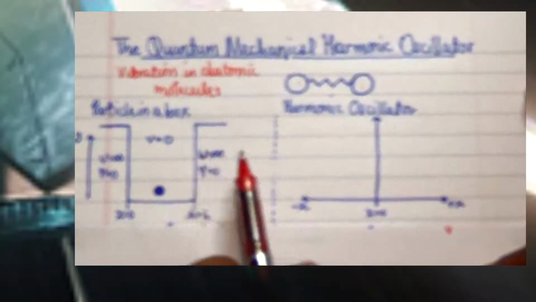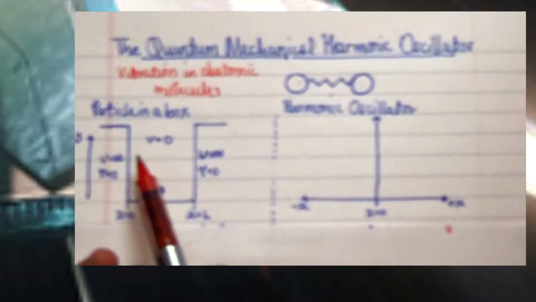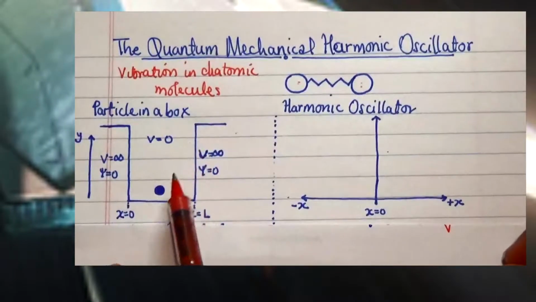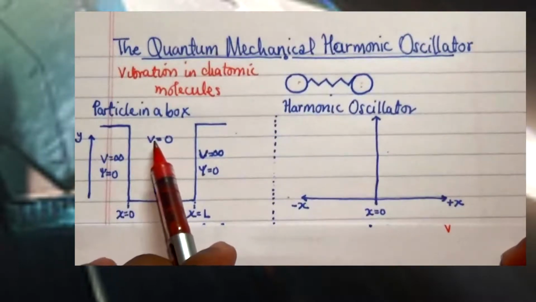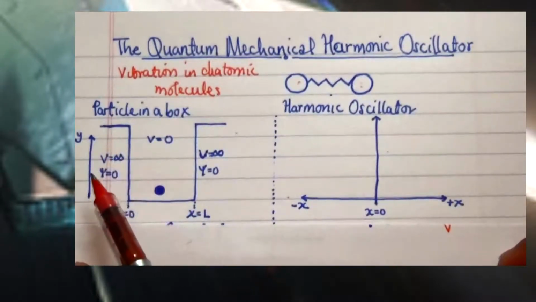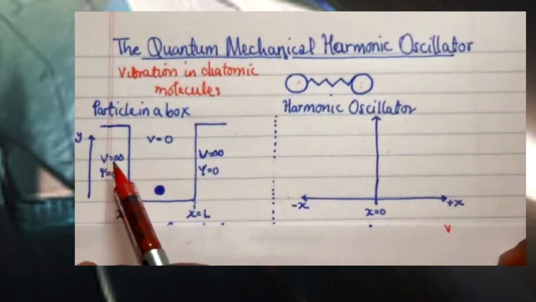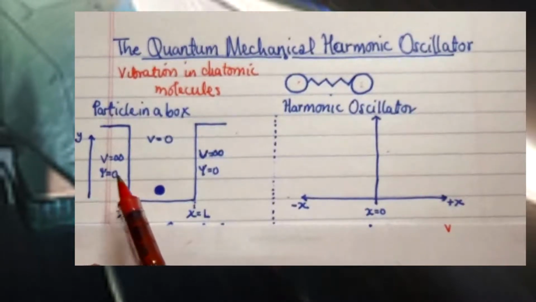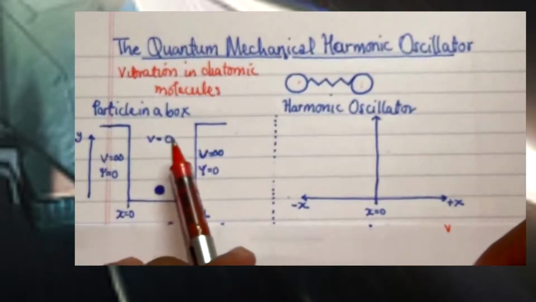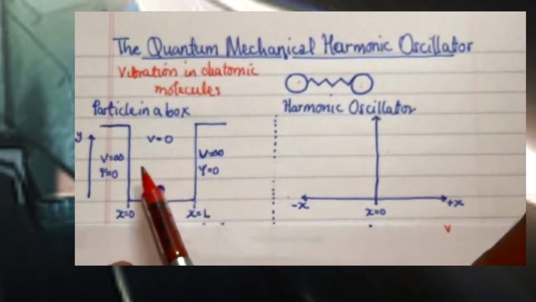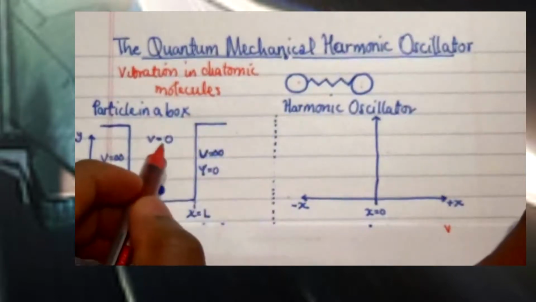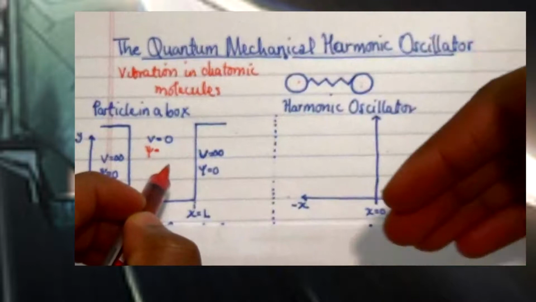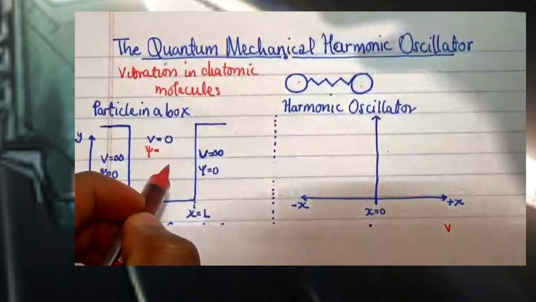First of all, a particle in a box exhibits this particular diagram where we have this space where our potential energy equals 0, but the walls have a potential energy of infinity, where the wave function equals 0. However, this space, this box region here, has a specific wave function which we talked about in our previous video, which is a sine formula.